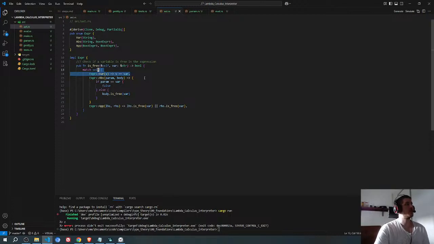So it's like a variable that is not an argument, but I don't remember really well. Yeah, so if the variable is a parameter, then it returns false.